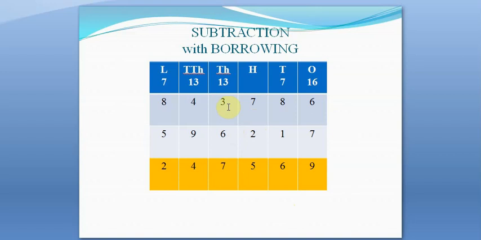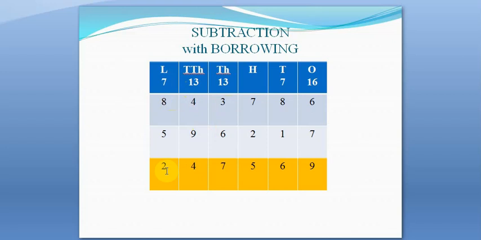We'll borrow 1 from 4, so 3 becomes 13 and 4 becomes 3. So 13 minus 6 gives us 7, and 4, which has become 3, we need to borrow again. We'll borrow 1 from 8, it becomes 7 and this becomes 13 again. 13 minus 9 gives us 4 and 7 minus 5 gives us 2.